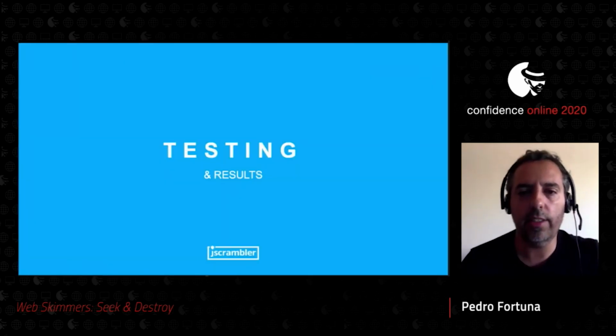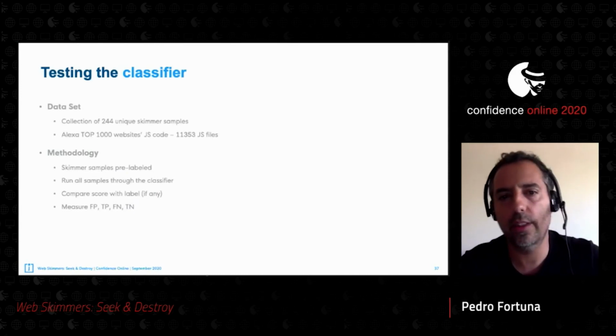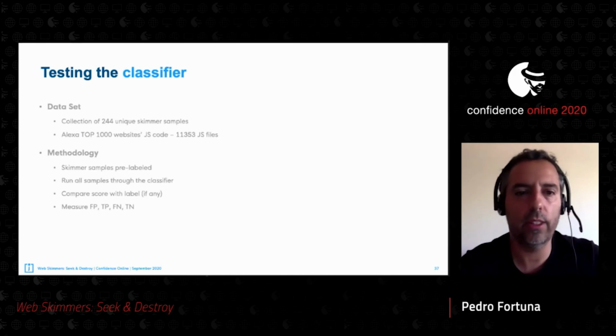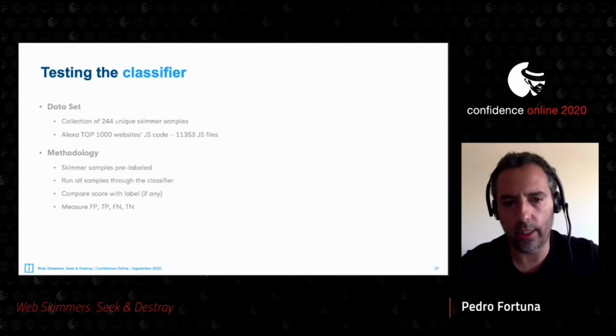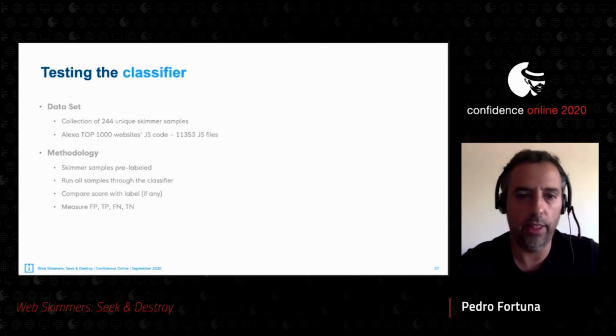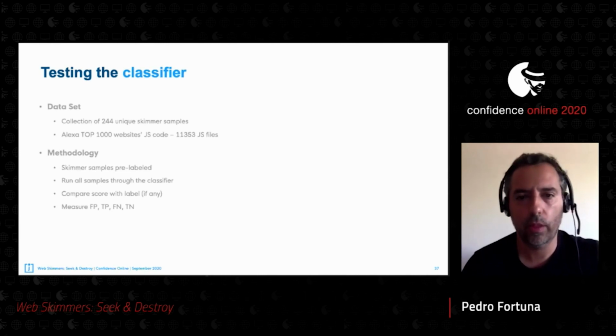Regarding the testing, we gathered a collection of 244 skimmer samples. We also collected all the JavaScript from the top 1,000 Alexa sites, and we pre-labeled all the skimmer samples. We ran the classifier through all the samples, including the skimmers, and at the end we compared the score that the tool gave with the label, if any, and we measured false positives, true positives, false negatives, and true negatives.